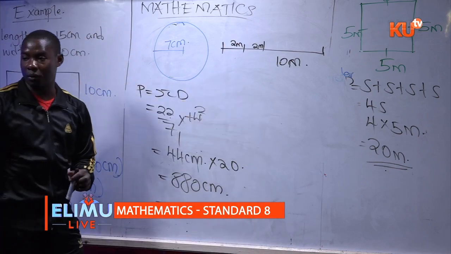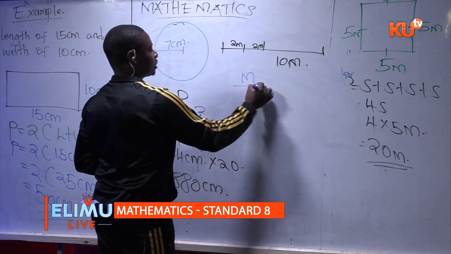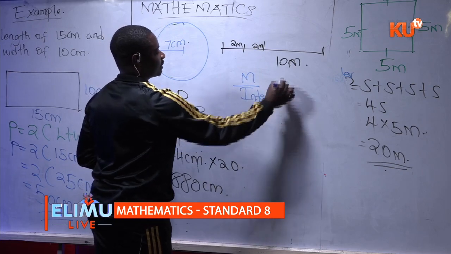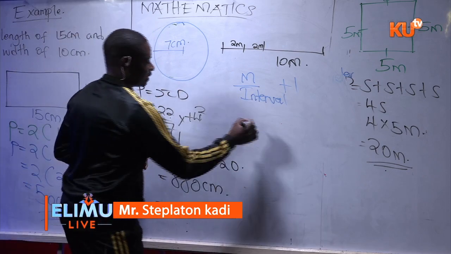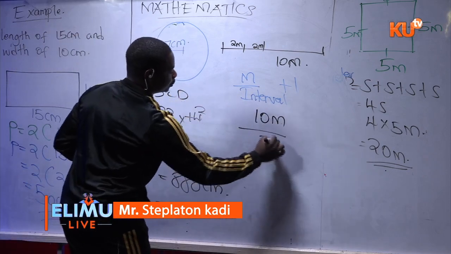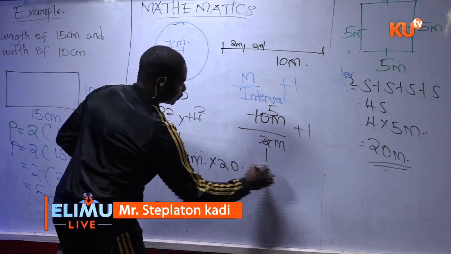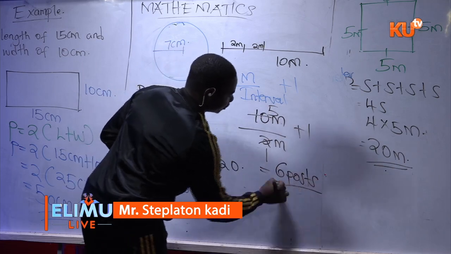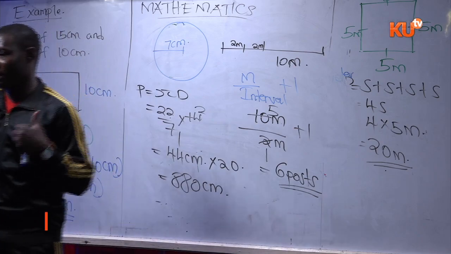So to find the number of posts, take the whole measurement over interval. If it's an open surface, we add 1. So the measurement is 10 meters over interval is 2 meters, plus 1. 2 times 5 is 10, so 5 plus 1, those are 6 posts. So that is how we calculate the number of posts in an open figure.